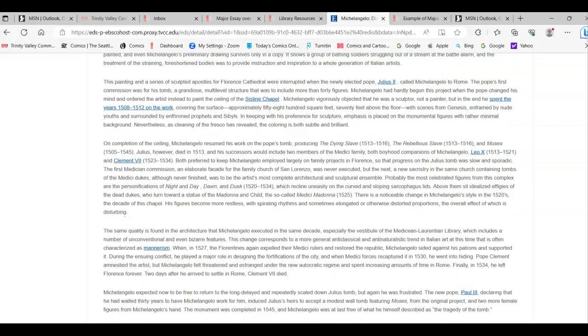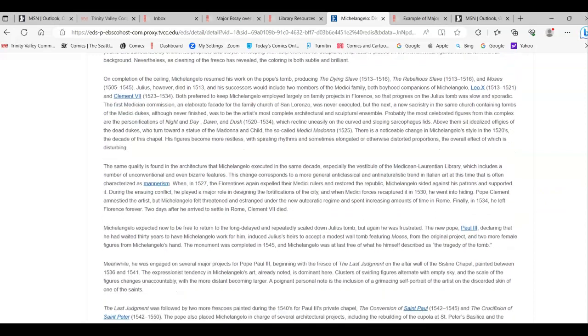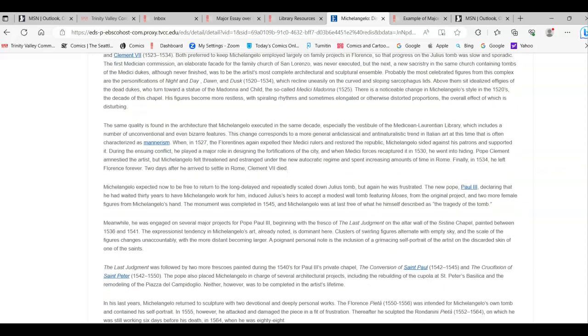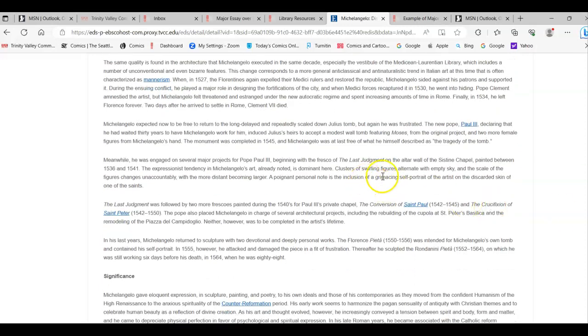You have other work he did, such as the Laurentian Library, which is mannerism that's discussed in your textbook. And you'll see again it's talking about in his 30s, the details that are offered there.